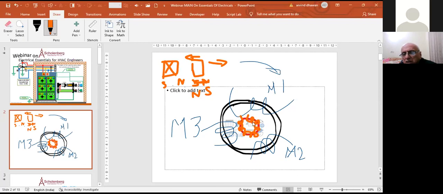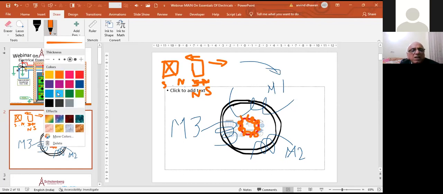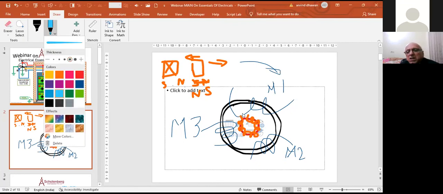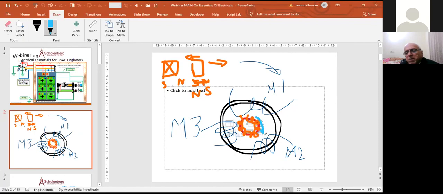Now, assume this is pushing the rotor in this direction. So it will be pushed here. Then when it moves to this position, this field pushes it again, kicks it away, and it has to get out from here.